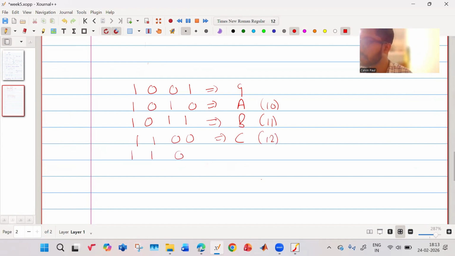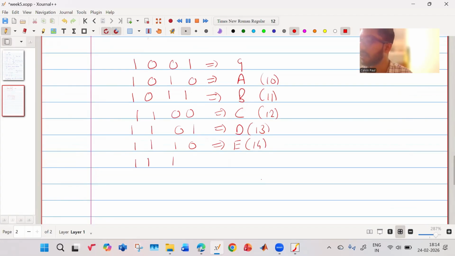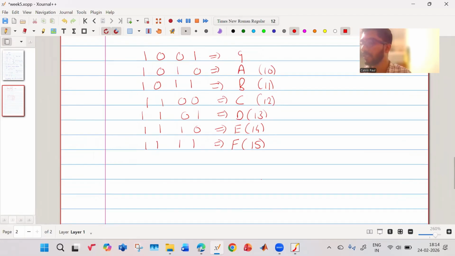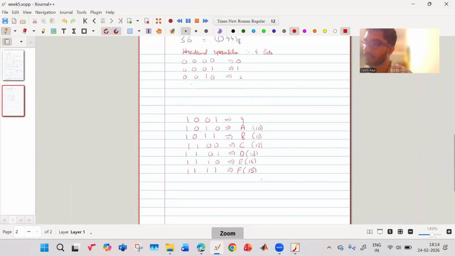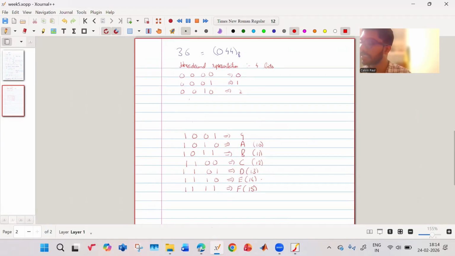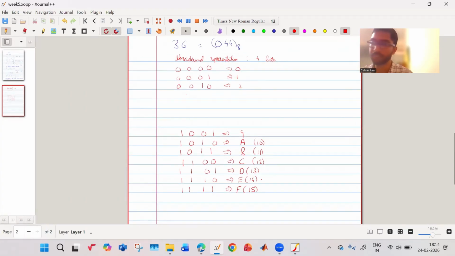Then 1101, that is your D, which is 13. Then 1110, that is your E, which is 14. And then you have 1111, that is your F, which is 15. So this is the table for your hexadecimal representation.